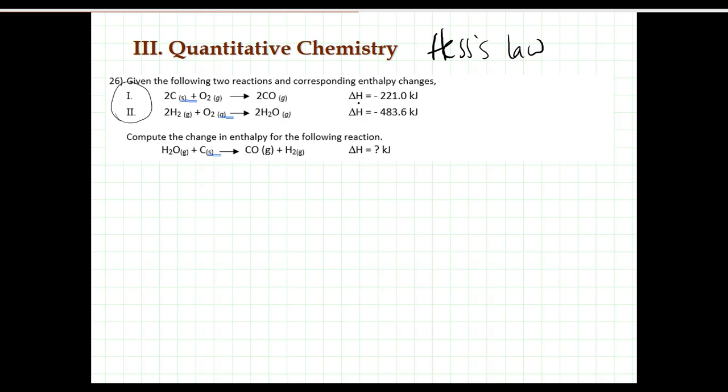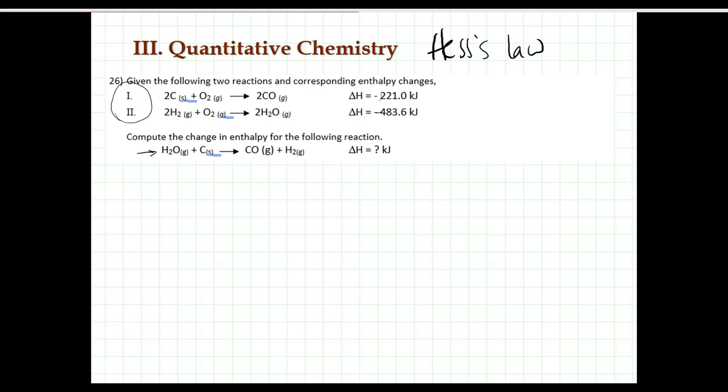So this delta H, or change in enthalpy, of negative 221 kilojoules means that 221 kilojoules of energy was released. That's what the negative tells us. Energy was released when this chemical reaction occurred. And for this one, 483.6 kilojoules was released. Again, that negative means energy is released when this chemical reaction occurs. So for this chemical reaction, for whatever reason, we can't measure temperature changes during the reaction, and so we can't do our calculations to figure out our delta H.